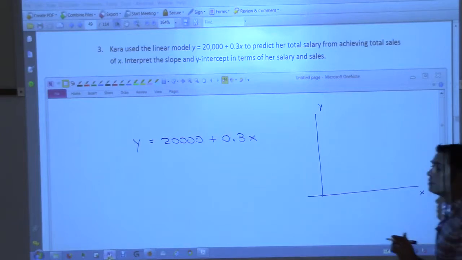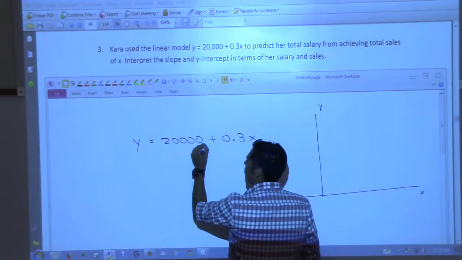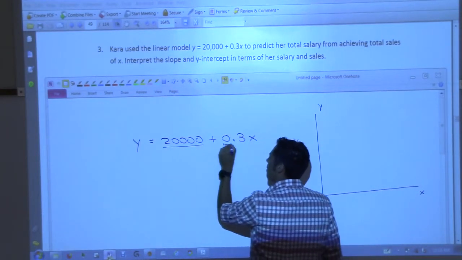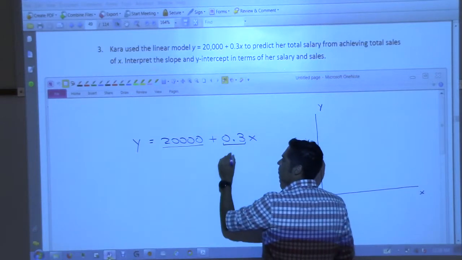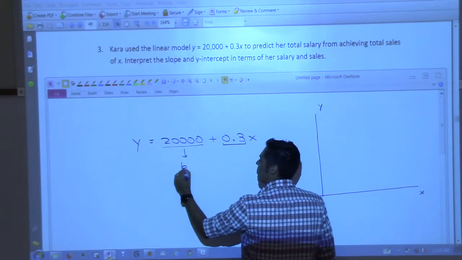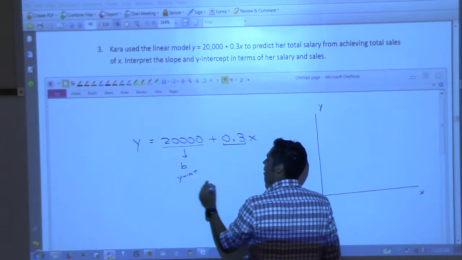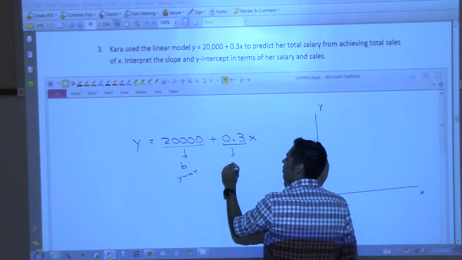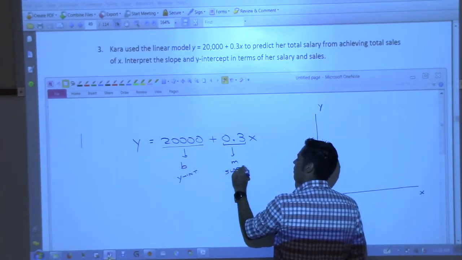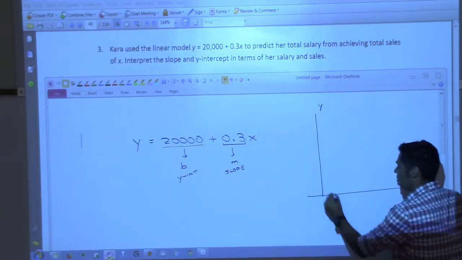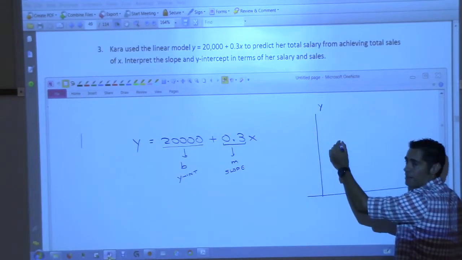What is this in the problem, and then what is this in the problem? Okay, this one is b. This is your y-intercept, right? And then this one right here is your m, and that's your slope. So I could go to 20,000 on the y-axis, which is way up there.